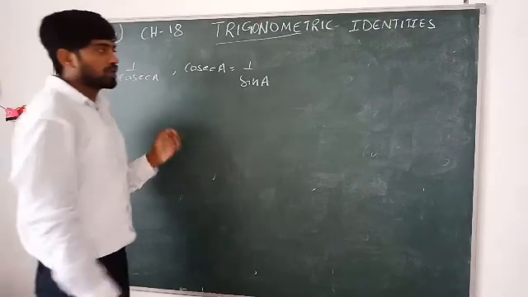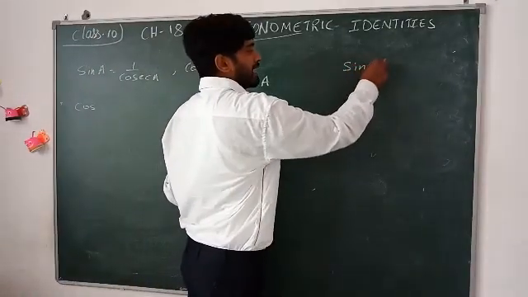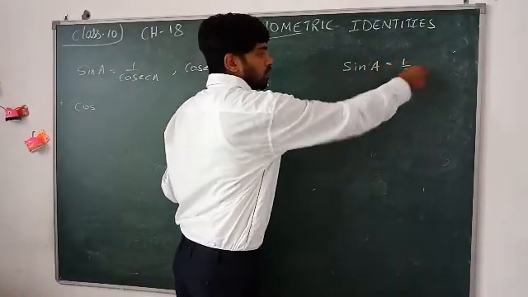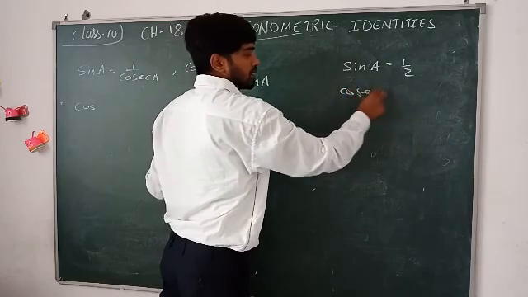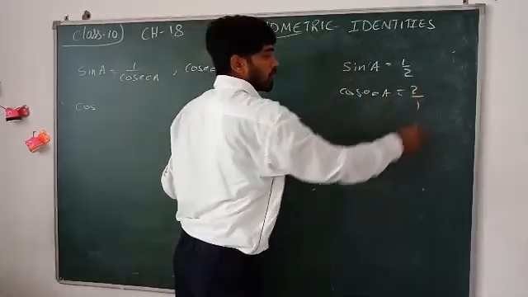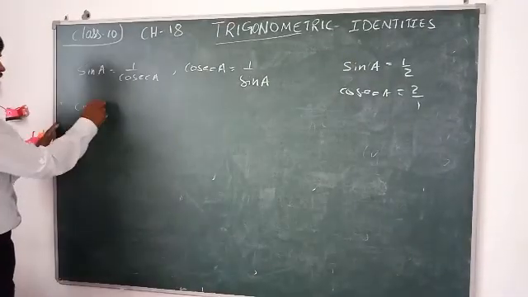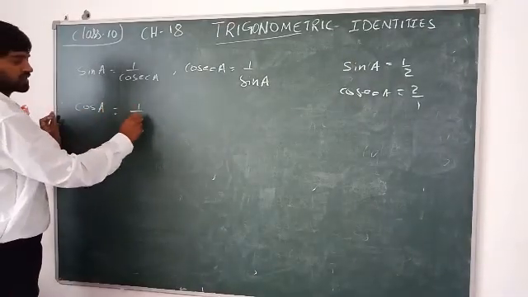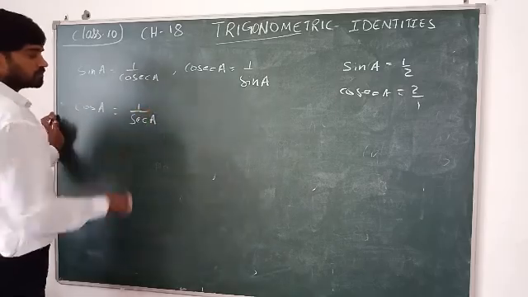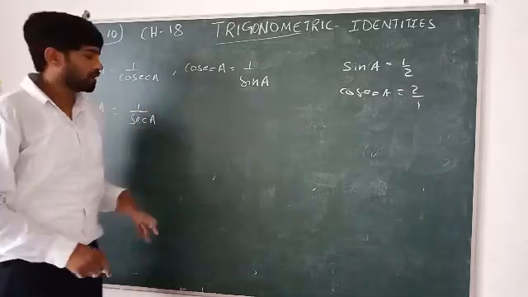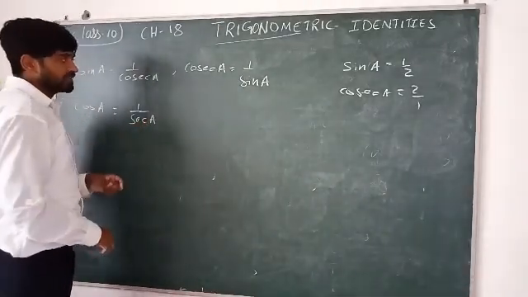Okay, so I told you that अगर sin A है मेरे पास, that is 1 upon 2, then cosec A will be 2 upon 1. उल्टा हो जाता है. Okay, reciprocal. Same for cos A. Cos A is a reciprocal of sec A, or you can also call it secant A. Full form of sec is also secant.